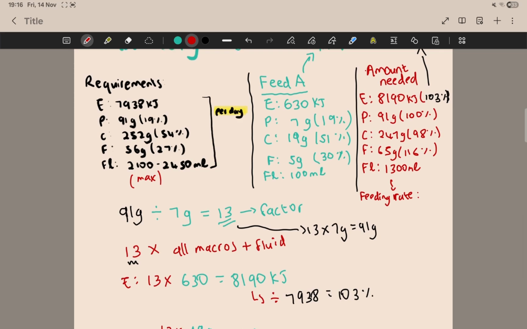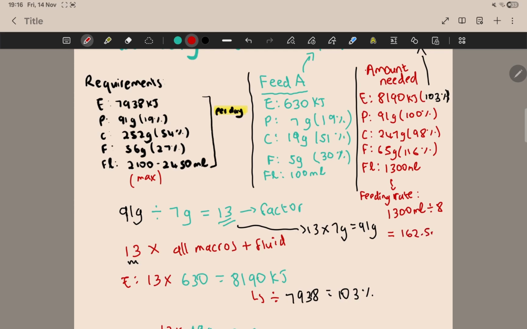So you simply divide 1,300 mL by 8, meaning the patient's going to get 8 feeds in a day and is going to be fed every 3 hours. So we are calculating how much they are going to be fed every 3 hours. You take that amount divided by 8, you get 162.5 mL.